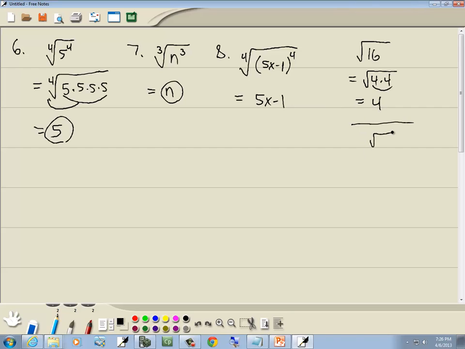But we could also have rewritten this. The square root of 16 is equal to negative 4 times negative 4. And remember, with the square root, we're looking for a pair of somethings. Here's a pair of negative 4s, so those come out as a negative 4. But in Algebra 1, we learned this was actually our answer. This was not our answer. And there's a note that goes along with this.